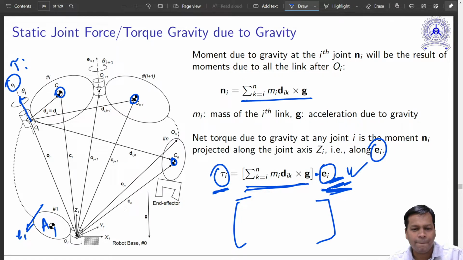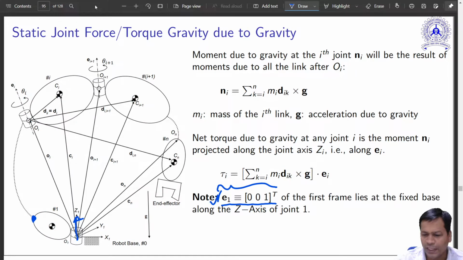So moving ahead now, this is how we calculate. Now we calculate for all the torques: torque here, torque here, torque here, and in a combined way we can write it. Torque is a scalar quantity, moment is not.